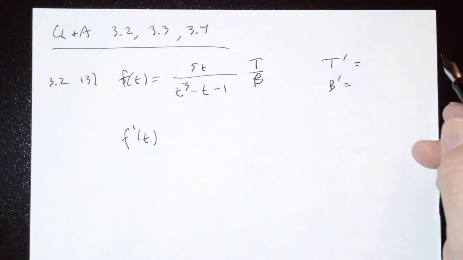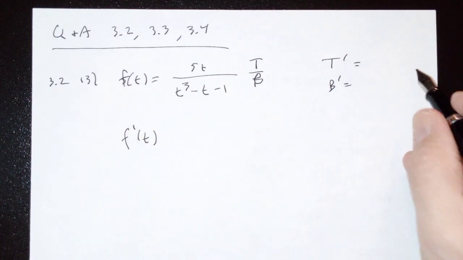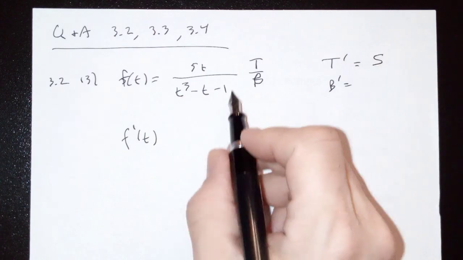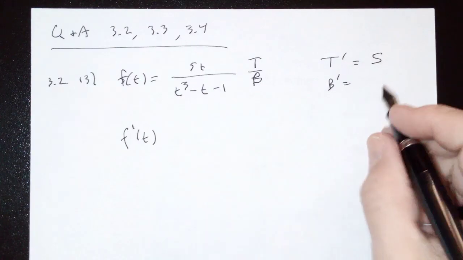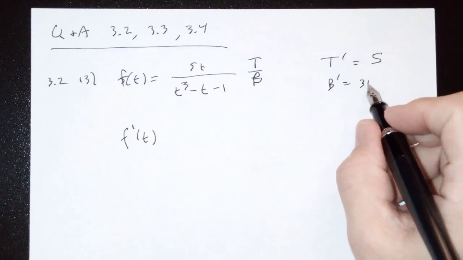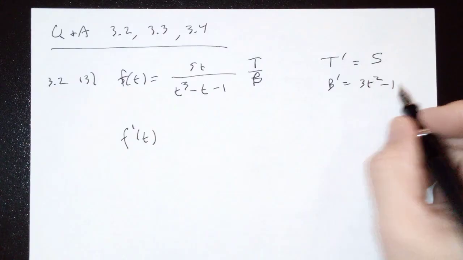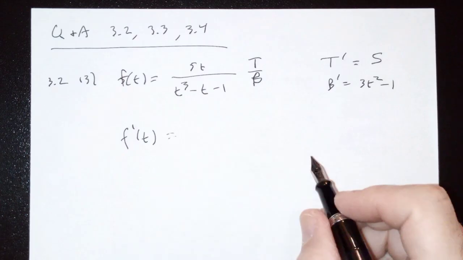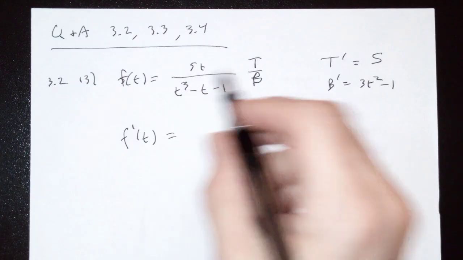So what's the derivative of 5t? Okay. And the derivative of the denominator here, t cubed minus t minus 1. Perfect. And now I play my rhyming game. I take the derivatives one at a time.